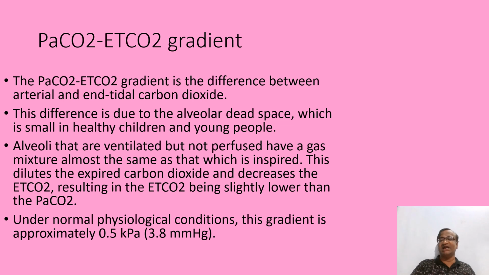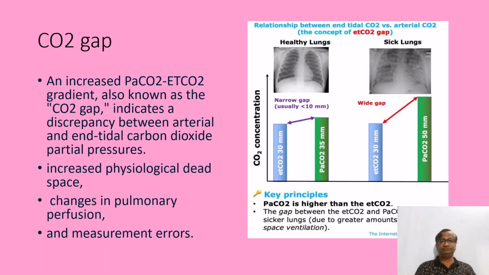That is called shunt. Alveolus ventilated with no perfusion is dead space. Alveolus not ventilated but perfused is shunt. Normally the gradient between ETCO2 and PaCO2 is around 4 millimeters of mercury.